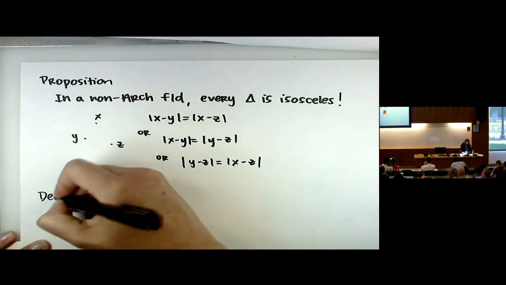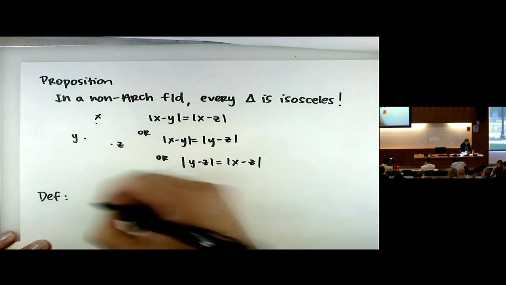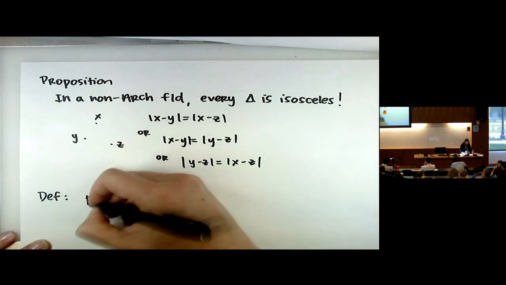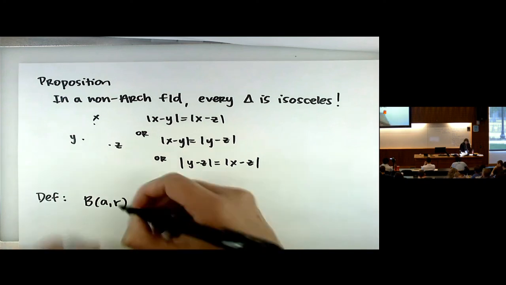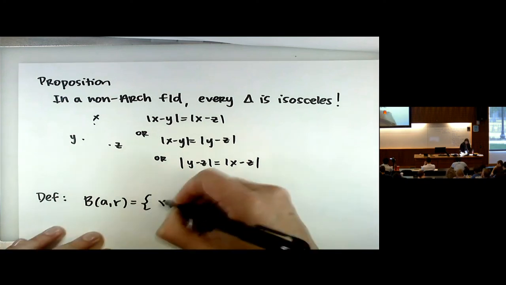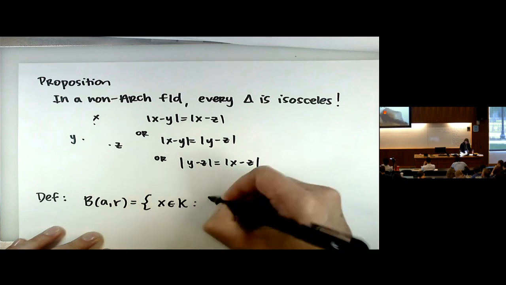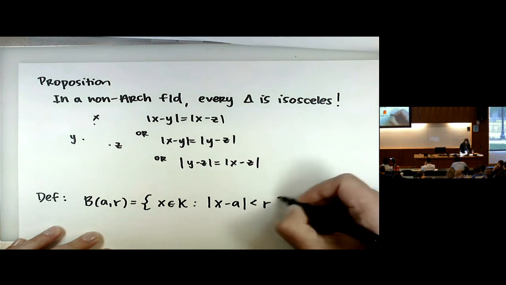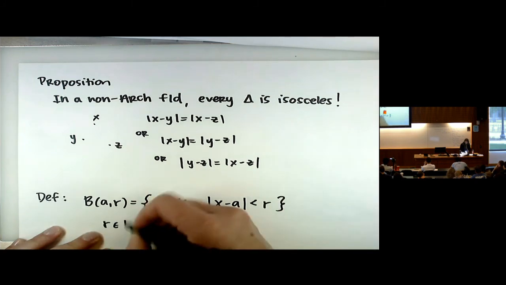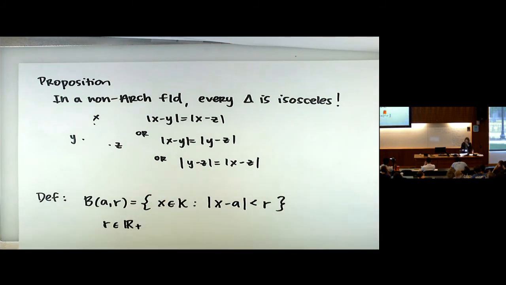if I define, okay, the ball with center A and radius R to be all of the points in my field such that the distance between x and A is strictly less than R. Okay, R is some positive real number.